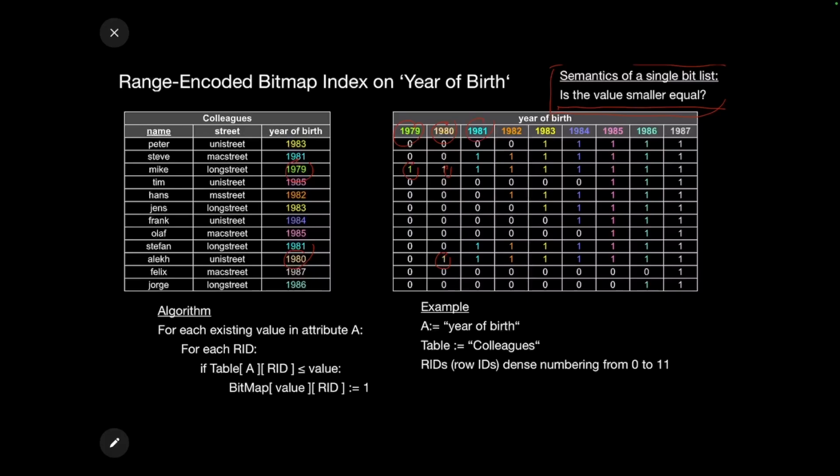For 1981, you keep all the bits from the previous bit sequence, and you keep on adding, and so forth. This is a predicate-encoded bitmap, and you can use that to directly look up whether it's smaller, whether it's equal or whether it's greater than a given value.